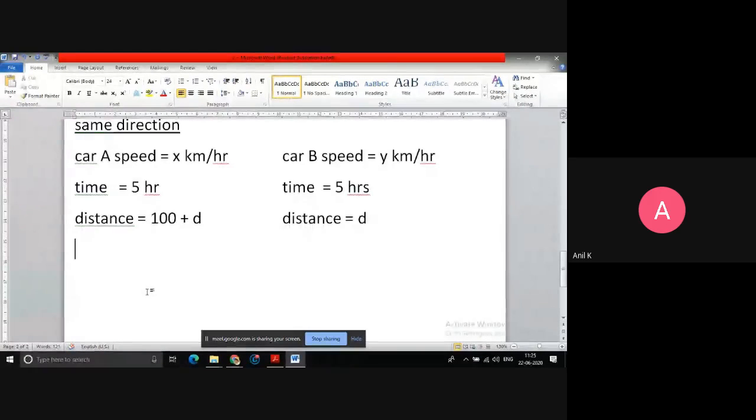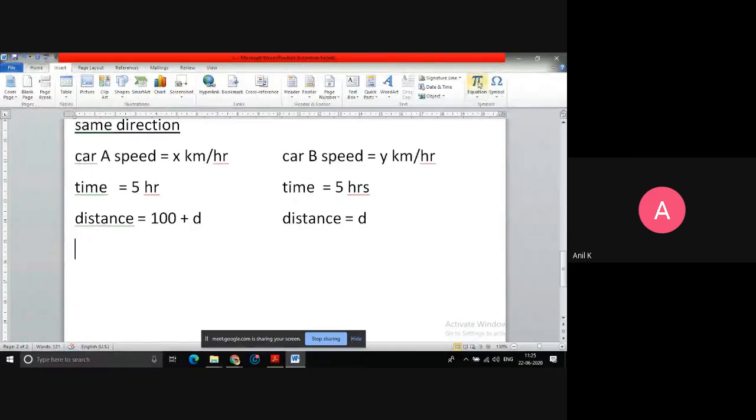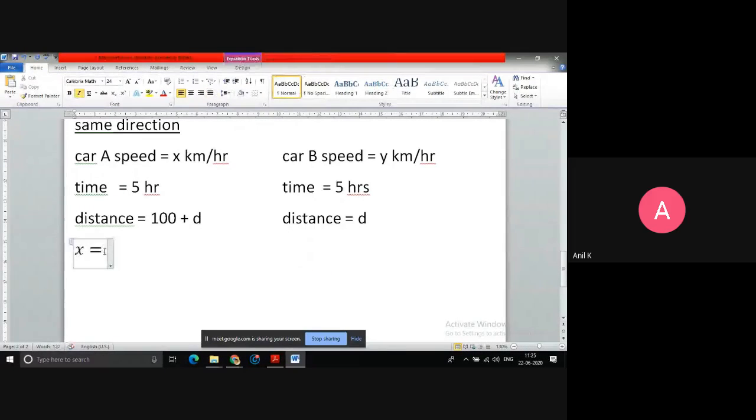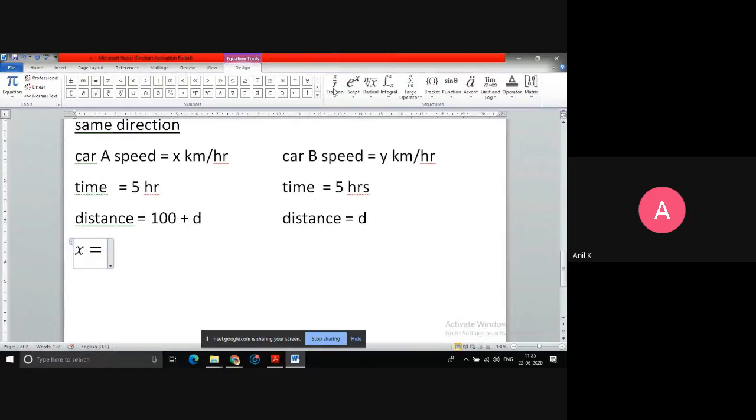For car A, speed is x equals distance, 100 plus d, and time is 5 hours. Agree?